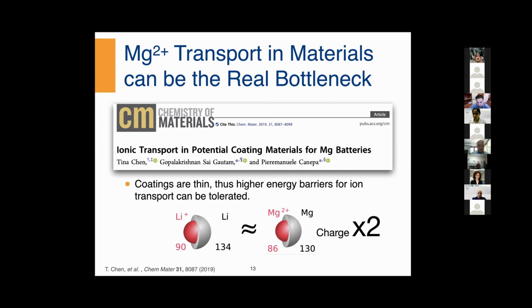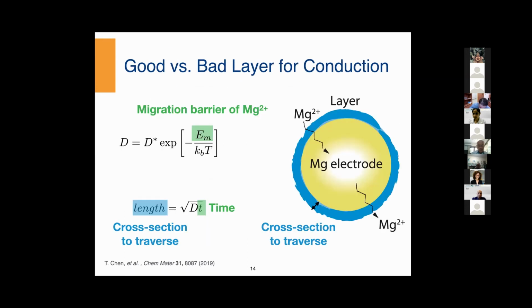So it becomes really an electrostatic problem, because you're moving a 2+ charge in a cage of oxygen or sulfur ions, and it's this electrostatic interaction with the anion. It's a significant problem. So we try to solve these issues by looking at the transport properties of these coating materials, or the composition products, put it as you want.